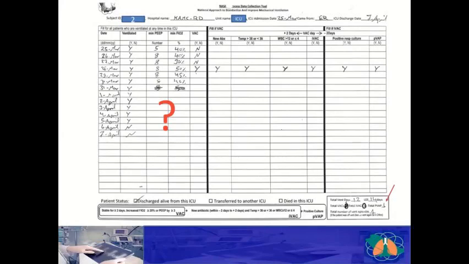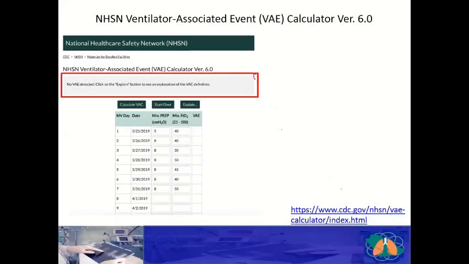Okay, so let's say we are not sure. The team here agreed that this is not VAC. You can always go back to the National Healthcare Safety Network calculator for the VAE.